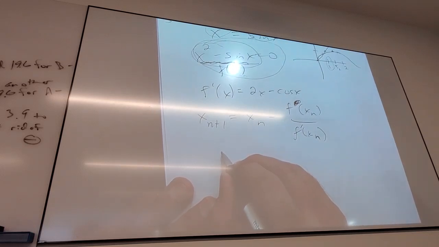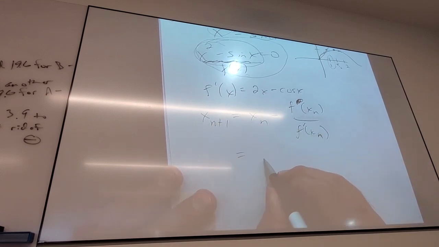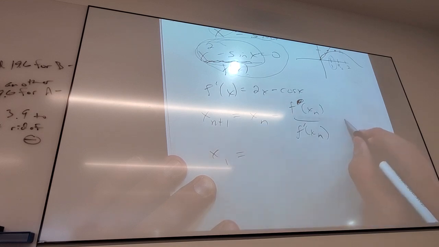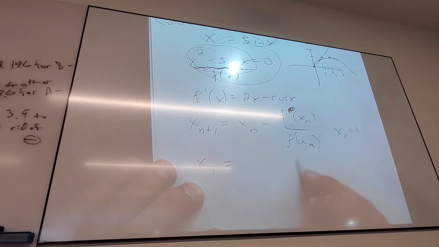We just got that formula from what we did previously. I'm going to give you this formula; you just have to know how to use it. So what do we say our first guess is? 1. So our next guess will be 1 minus f of 1 divided by f prime of 1.